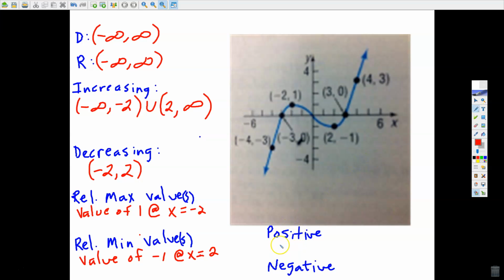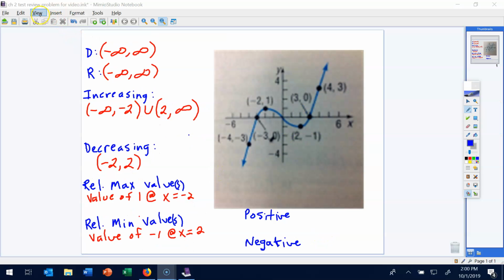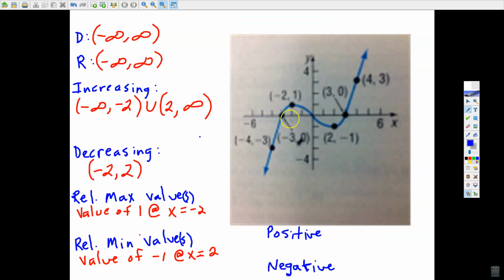Remember, we talked in Chapter 2 what it means for a function to be positive or negative. The function is positive where it lies above the x-axis, and it's negative for all parts that lie below the x-axis. So on this graph, we'll start with the part that is above the x-axis, and you can tell that that is this little piece right here.